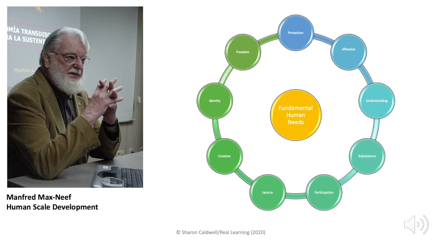And some of his needs that he talks about, so you'll find some of these on Montessori's chart, and you'll find some of them on Maslow's chart, but some of them don't appear on either. And he talks about things like freedom, identity, creation, participation, understanding, affection.